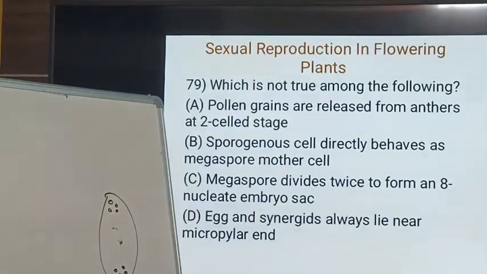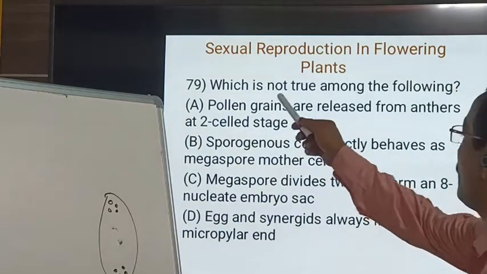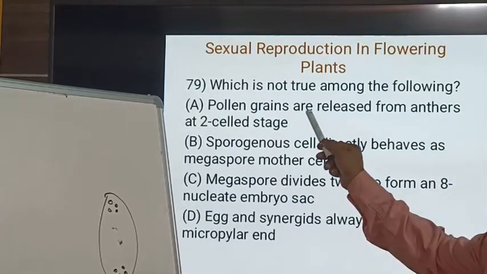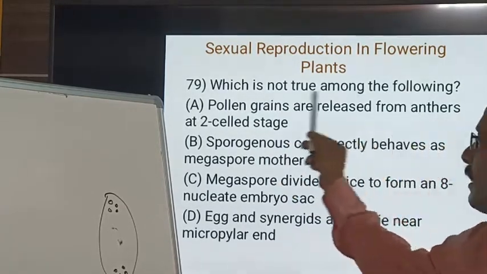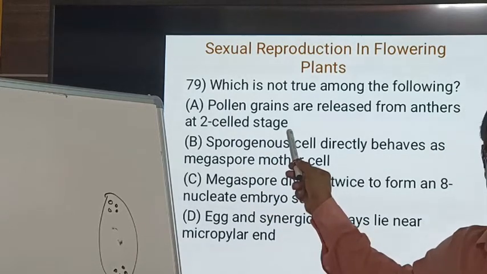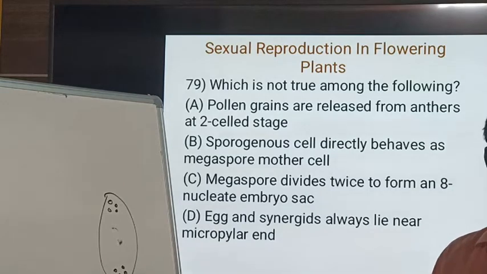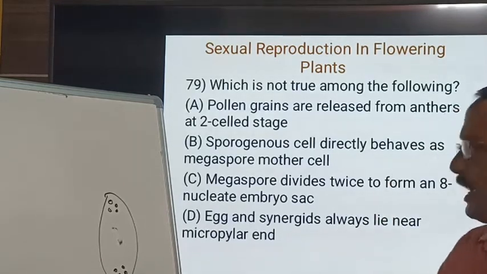Next one. Which is not true among the following statements? Pollen grains are released from anther at 2-cell stage. Yes, of course, yes. In 60% of the plants, pollen grains are released at 2-cell stage.